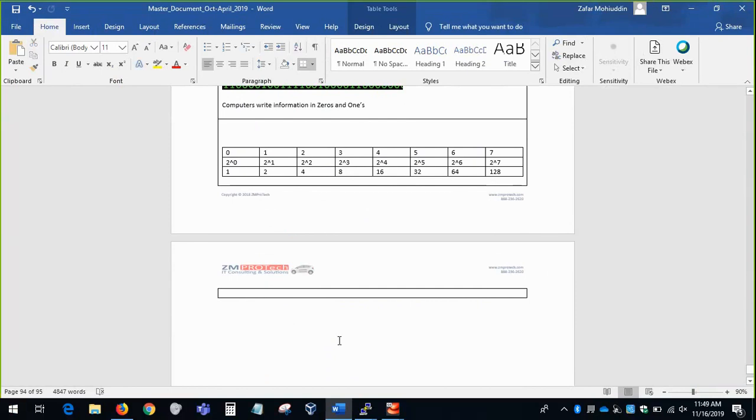Okay, now that we have our table in place, we're going to decode this. So what is the computer actually going to look at?